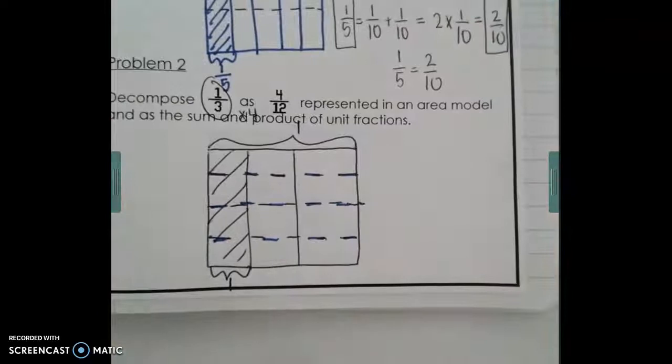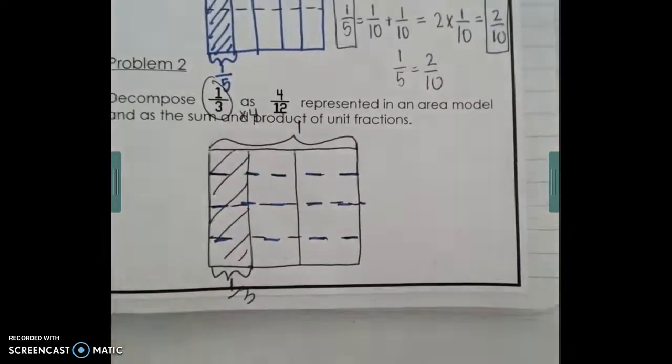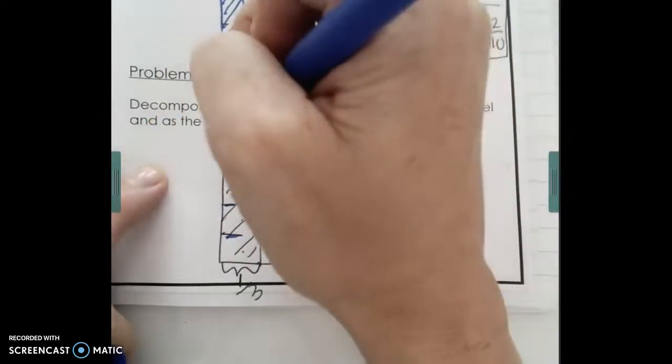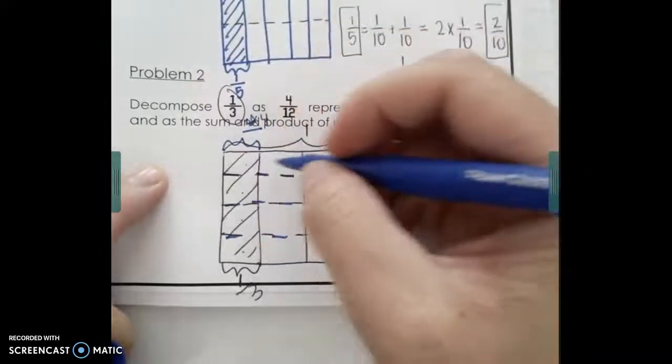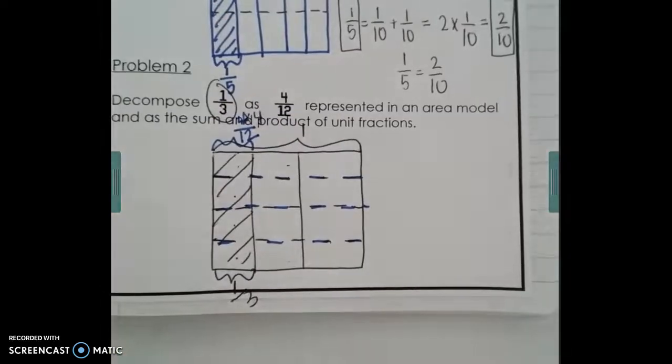So 1/3 is equal to 1, 2, 3, 4 over 1, 2, 3, 4, 5, 6, 7, 8, 9, 10, 11, 12. It's equal to 4 over 12.